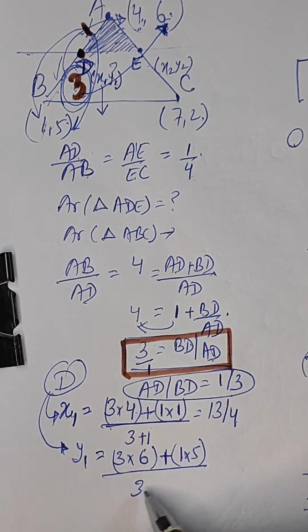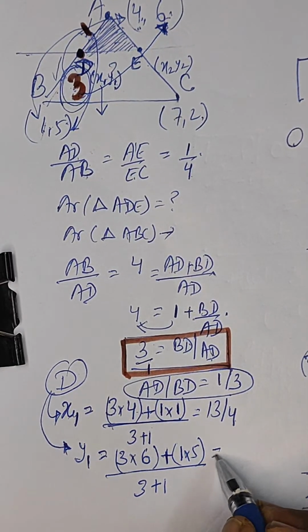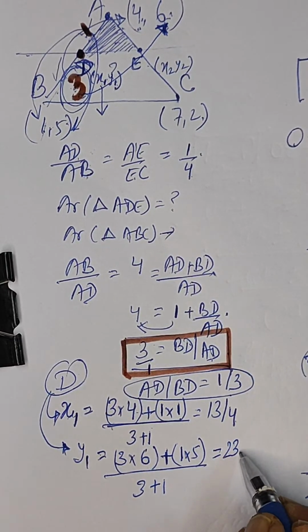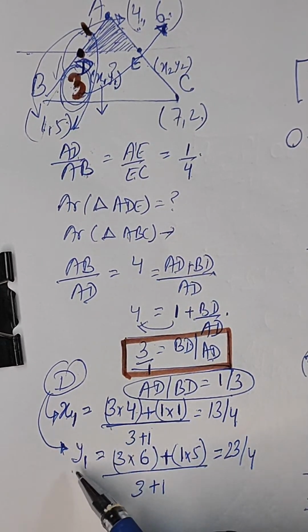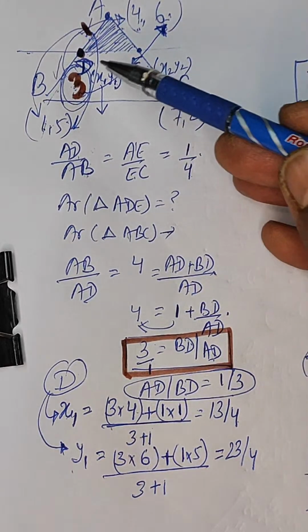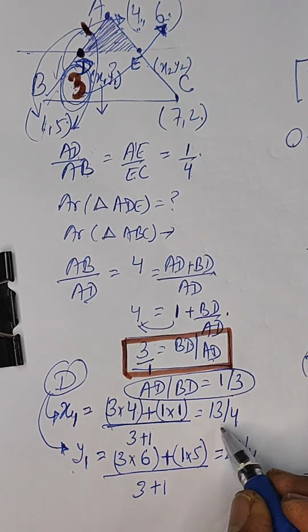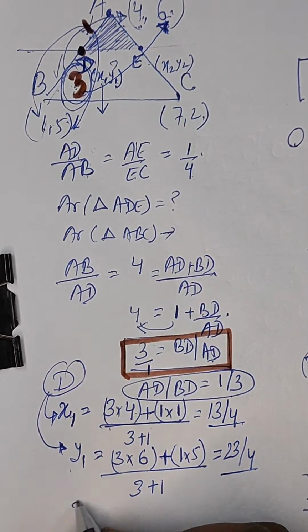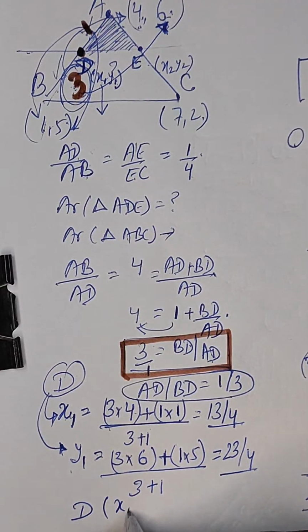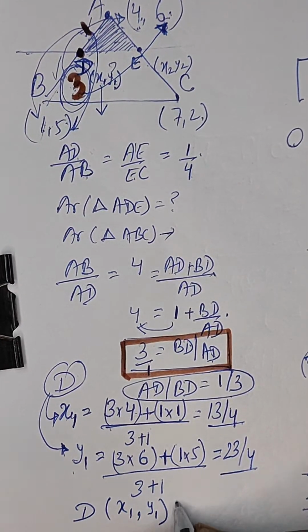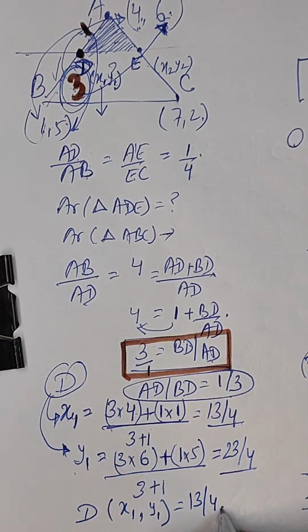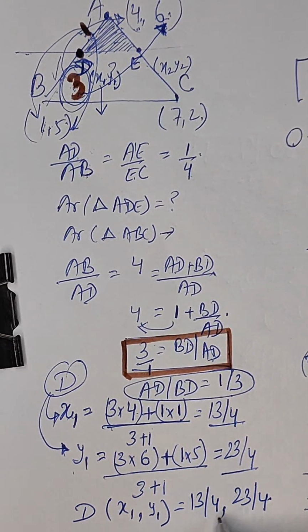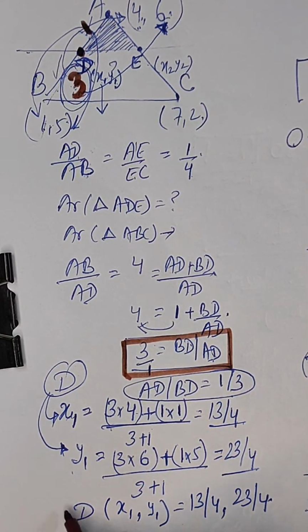So this gives you 18 plus 5, 23 by 4. So the coordinates of D, (x1, y1), are 13 by 4 and 23 by 4. This is known to you.